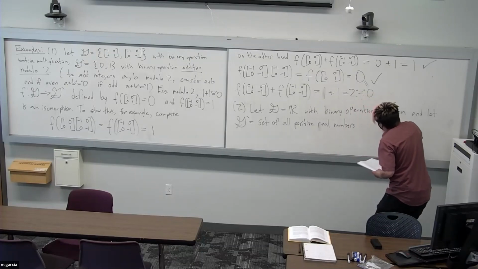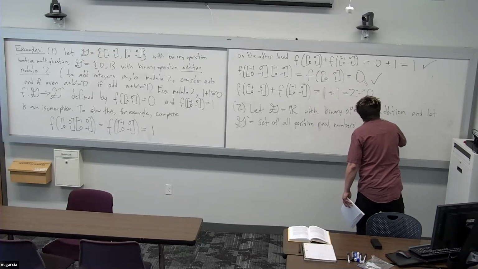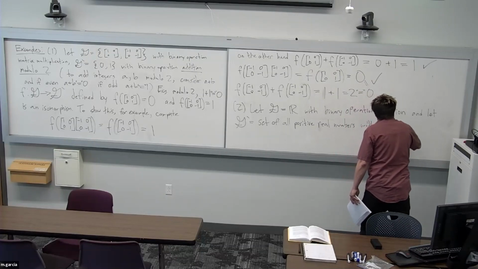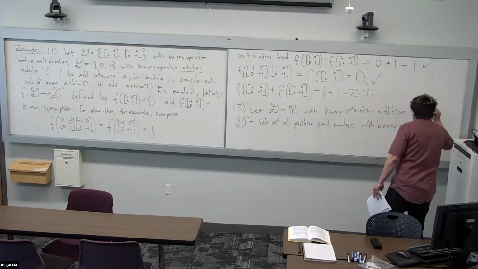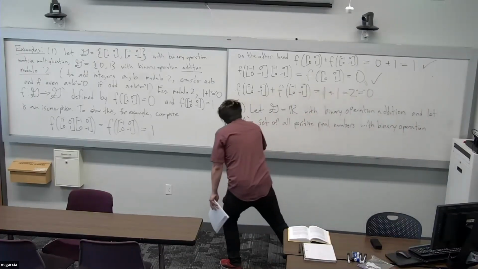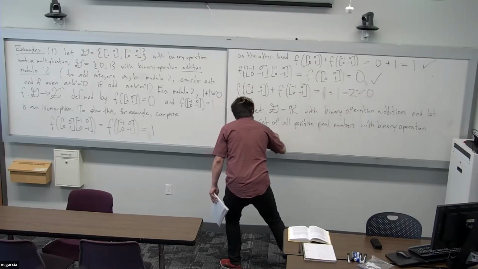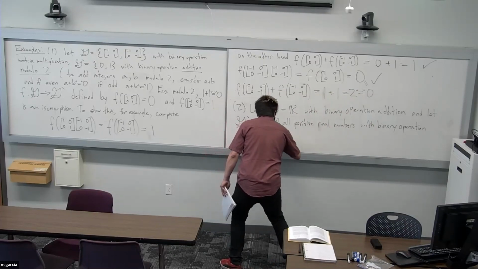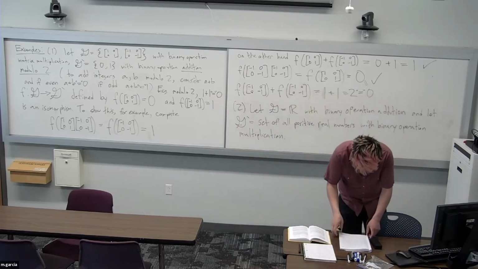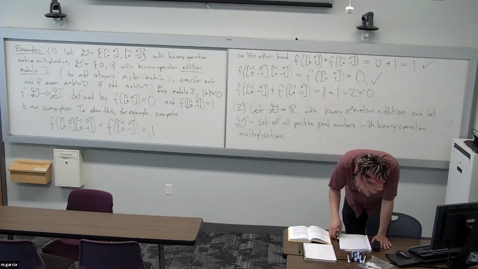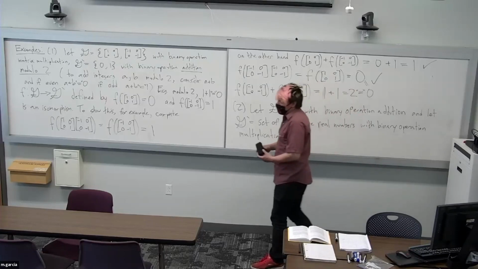That's common terminology, but I haven't introduced it. With binary operation multiplication. So, my claim is that G and G prime are isomorphic.